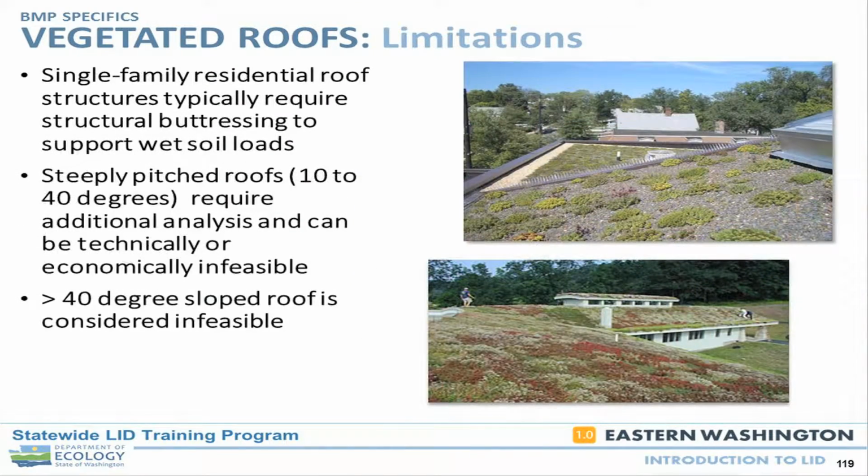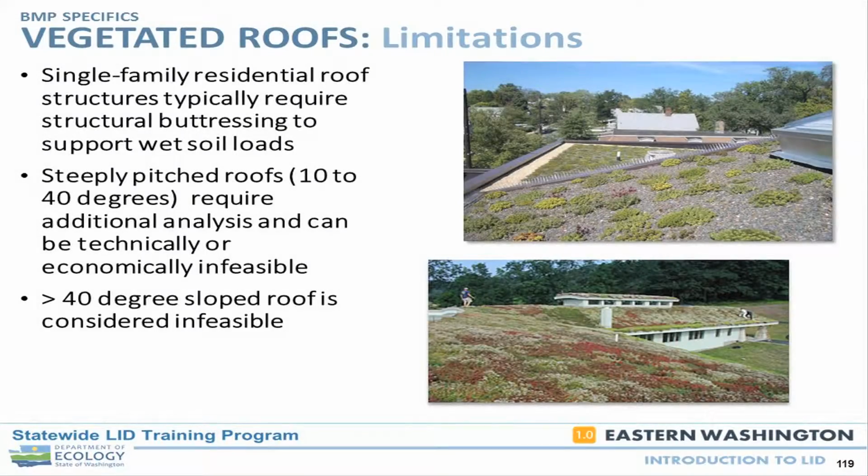So some of the limitations: the single-family residential roof structures typically require structural buttressing to support wet soil loads, and so it isn't as feasible for single-family residential homes as it is for some of these other office spaces.